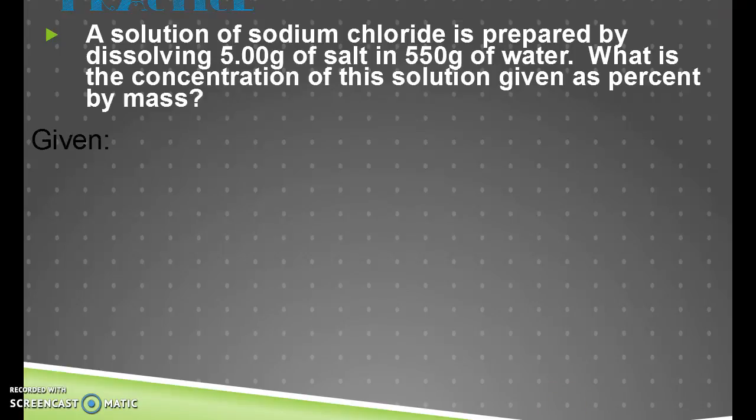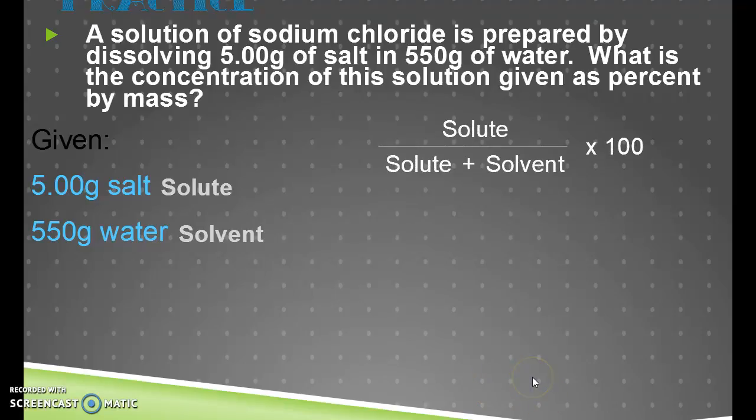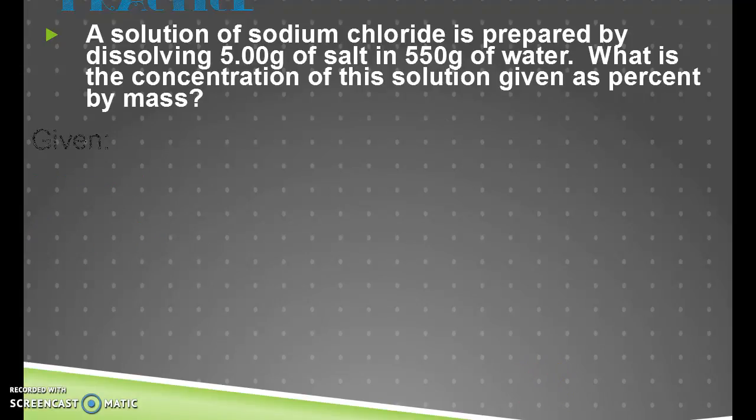So we need our formula. And of course we have our given, which is 5 grams of salt. We know that we have our 550 grams of water. We've identified salt as the solute, and we've also decided that the water is the solvent. So our formula is to take the solute, divide it by the total mass of the solution, which is made up of the solute and the solvent, and we're going to multiply that times 100.